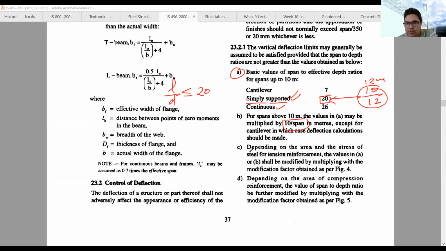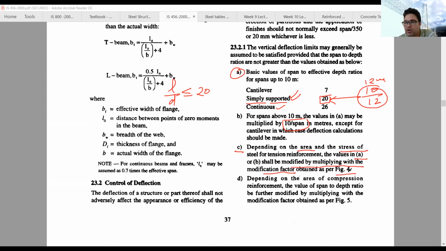So now going to point C, because I was mentioning this clause along with A and C. Now it says depending on the area and the stress of steel for tension reinforcement, the value in A or B shall be modified by multiplying with the modification factor, which is obtained from figure 4.